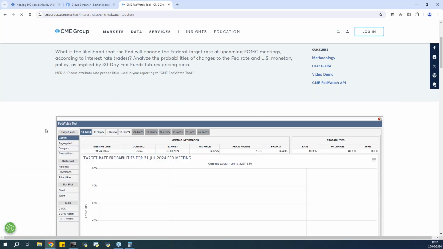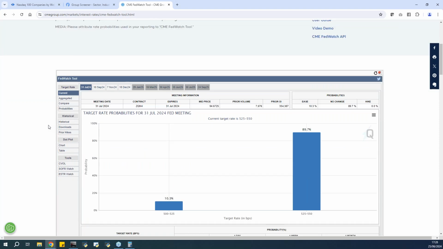This basically, ladies and gentlemen, will show you the possibility of when interest rate cuts will take place. Of course, at the moment, we're only taking into consideration two outcomes: an interest rate cut and a pause. The only thing we can potentially also look at is how many there are going to be in 2024. At the moment, the main thing is, when are we going to get that first cut?